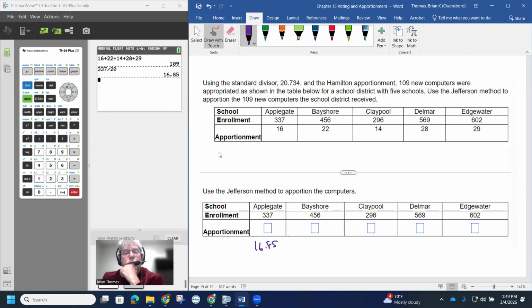If I then do Bayshore, 456 divided by my modified divisor of 20, I get 22.8. Claypool, 296 divided by 20, is 14.8.